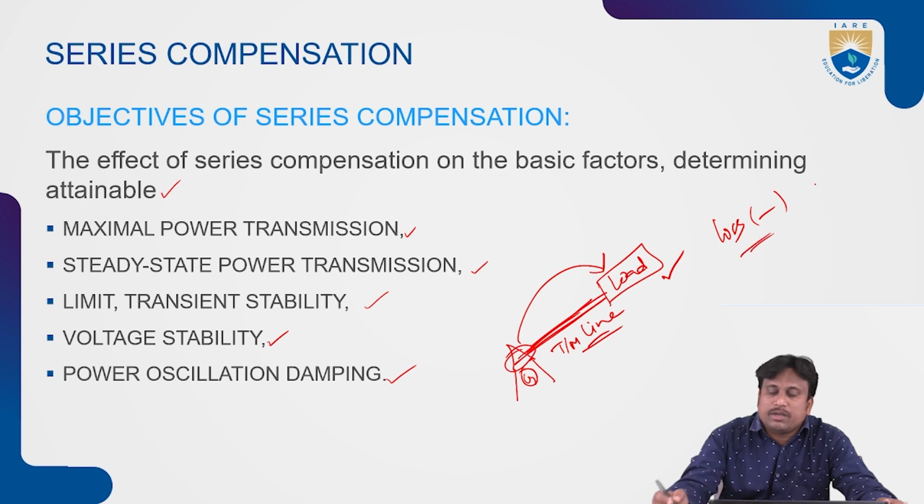To minimize this loss coefficient, we send extra power. To achieve steady state power transmission, we need to compensate with some extra power capability, which compensates for the particular loss in the line.